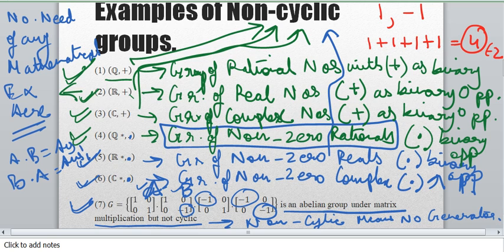This is answer 1, this is answer 2, suppose. So answer 1 will be equal to answer 2. Did you understand this part, students? It is just different from the cyclic group. The cyclic groups will have a generator, the non-cyclic groups will not have a generator. So we will not be able to find a generator for a non-cyclic group.